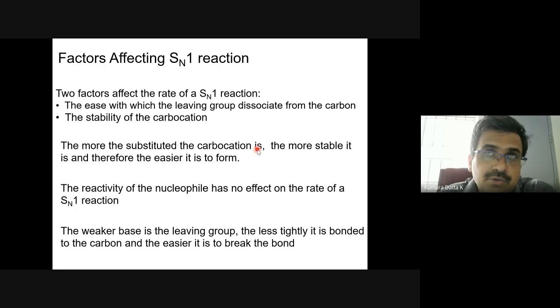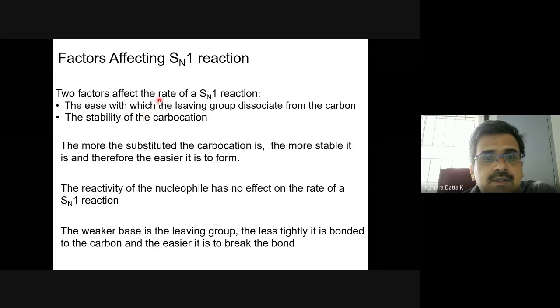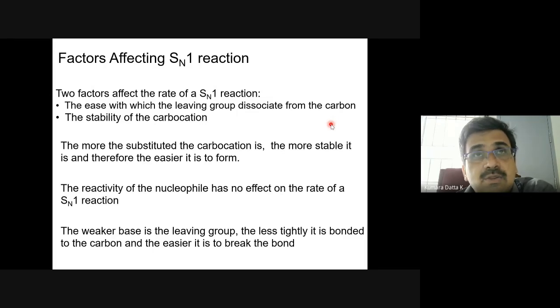We have understood a few minutes back that polarity plays an important role because you want to stabilize the carbocation. So, the important factors which affect SN1 reaction is how the leaving groups dissociate from the carbon, like iodide, bromide, or any such groups which leave.